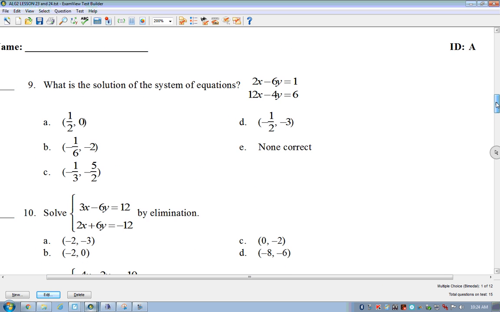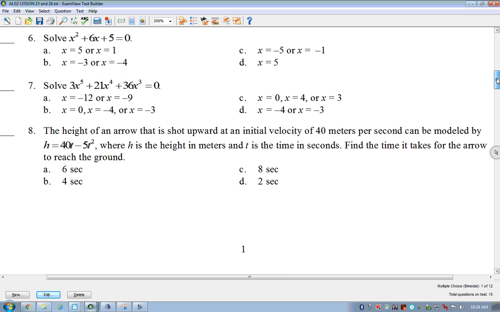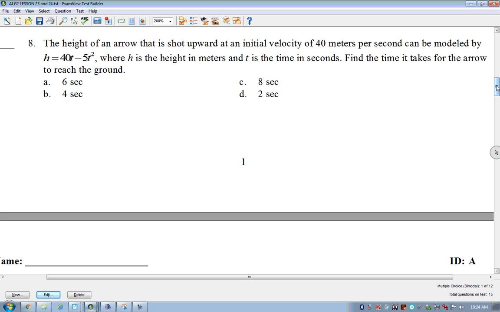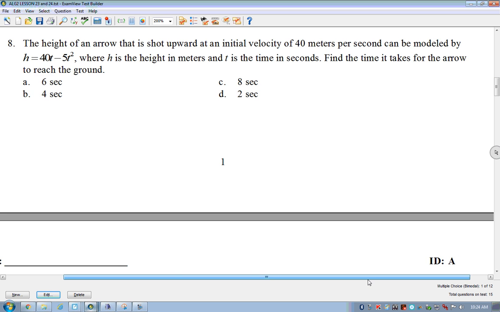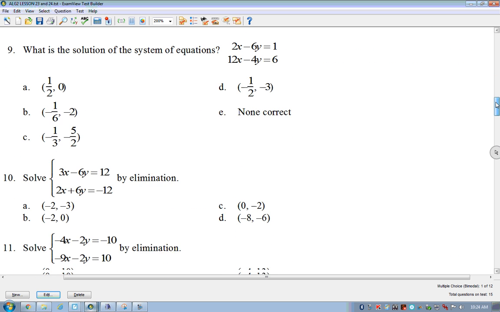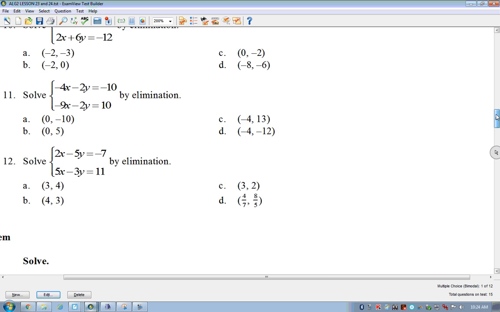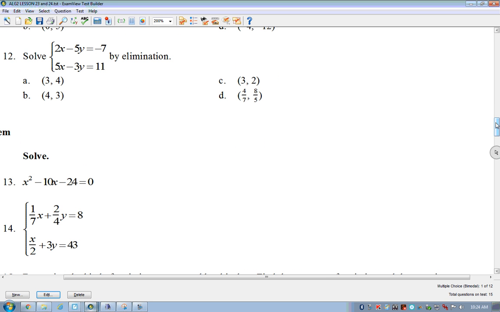If you want to do a word problem, okay, we can do 8. What do you guys want to look at? What do you think? You want to do an elimination question? Okay, good. Which elimination question do you want to do? 12? Okay, great.